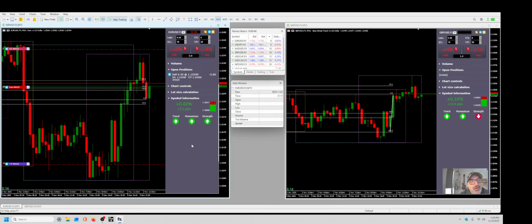You have what's called nano lots, which are very, very, very small, micro lots, and your standard lot. So you see when you hover over, and this is MetaTrader 5.